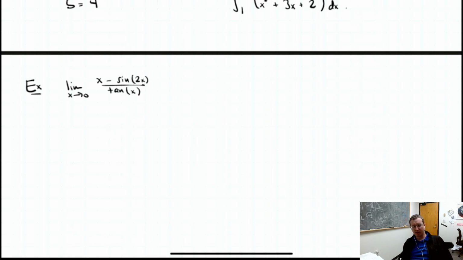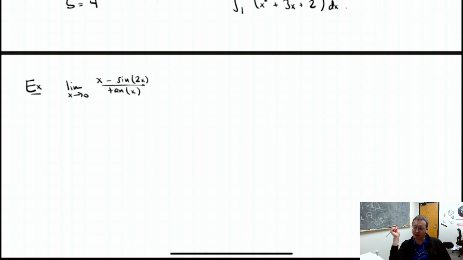If I try to substitute in 0, I get 0 minus 0 over 0. 0 over 0 is undefined. So that does not mean that the limit does not exist.